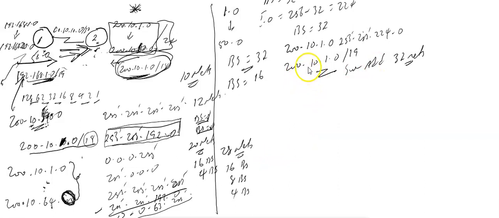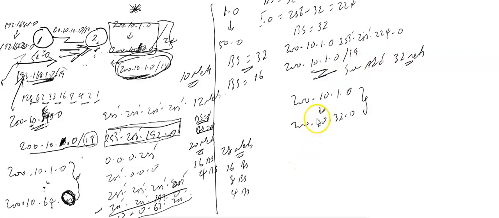Meaning this summary address will capture 200.10.1.0 to where? To 200.32.0. Hope you got that. So expanding this, you are going to have all these 32 networks contained inside this slash 19.